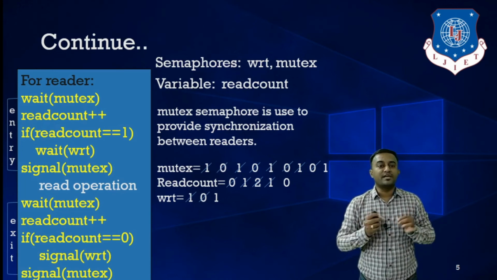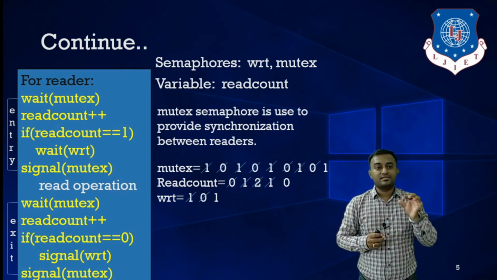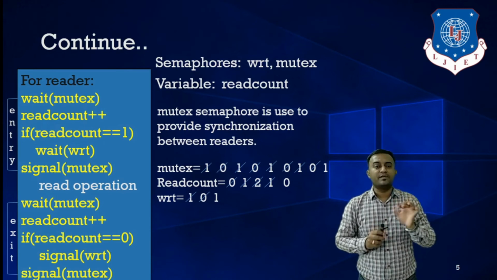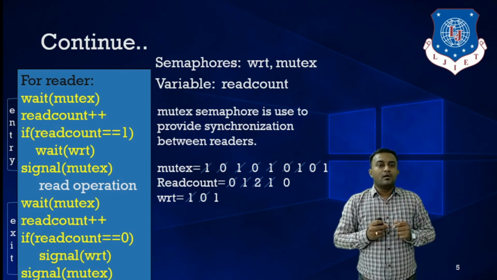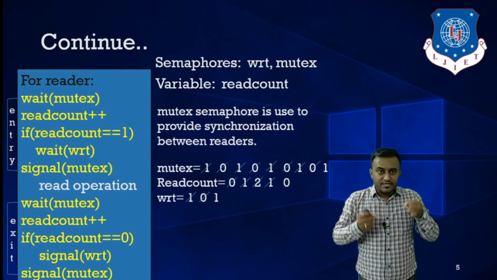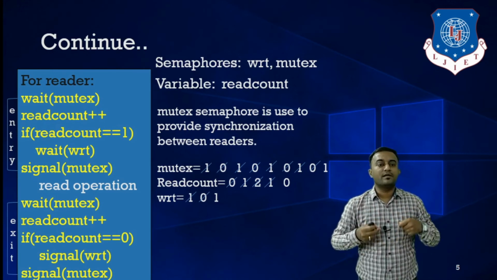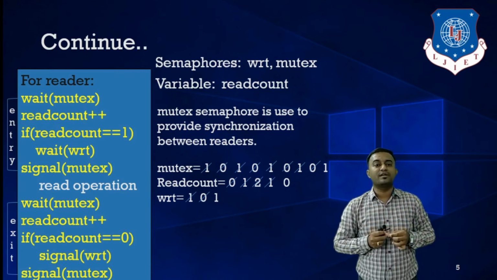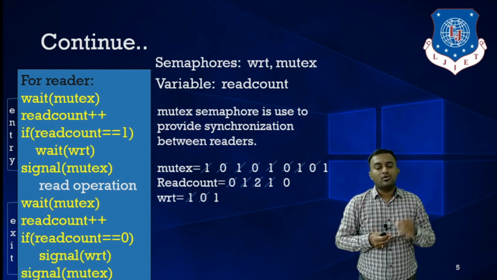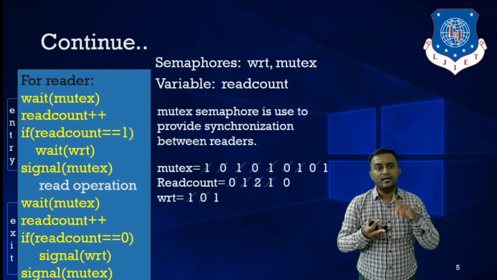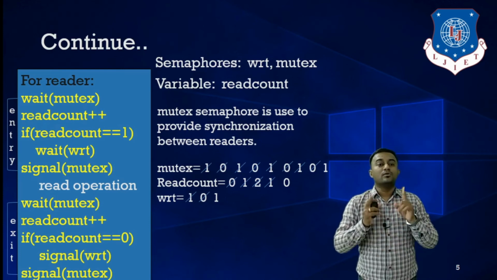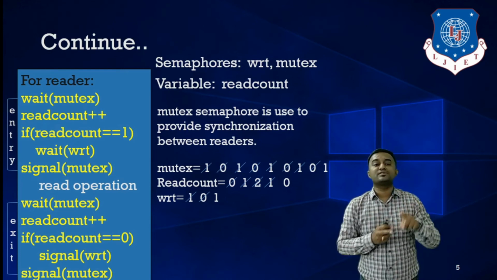Now the third statement, this if condition, is very important. When the first reader is trying to enter into the critical section, it is the responsibility of that reader to ensure no other writer process can enter.